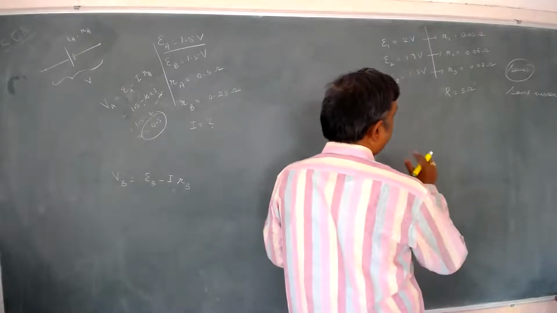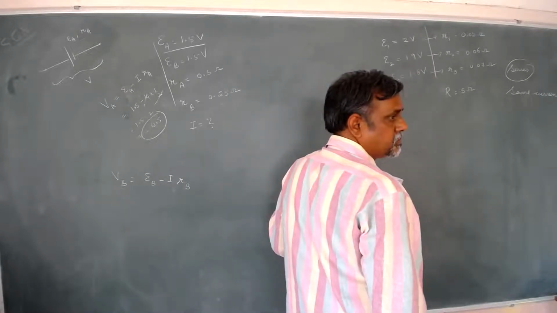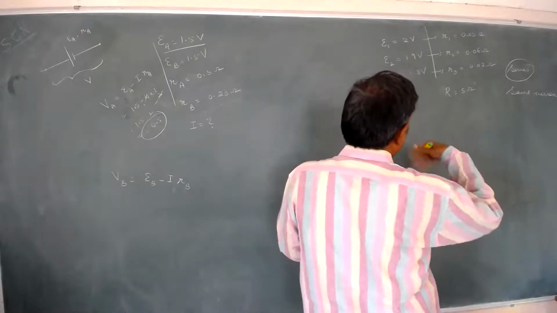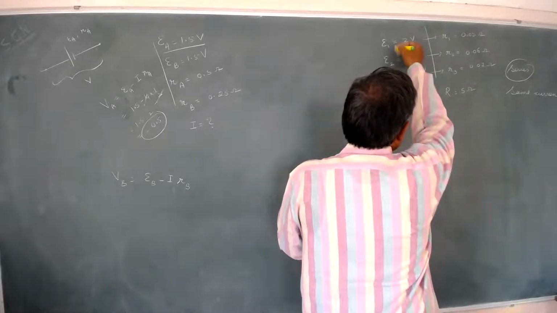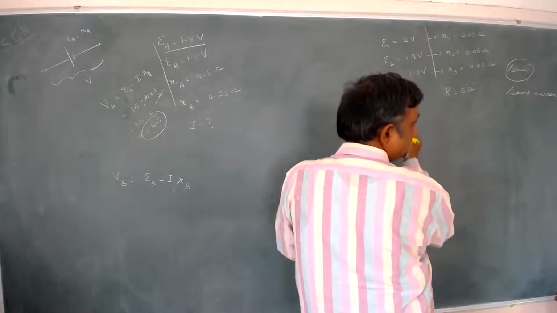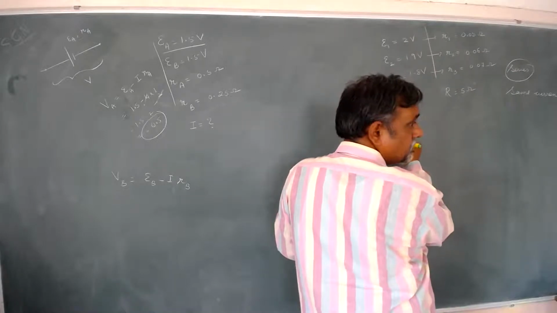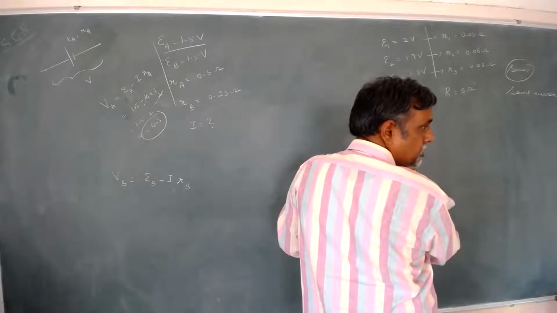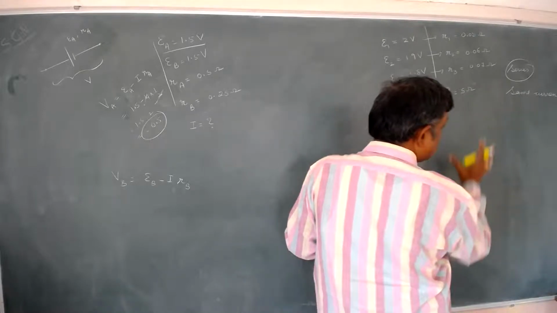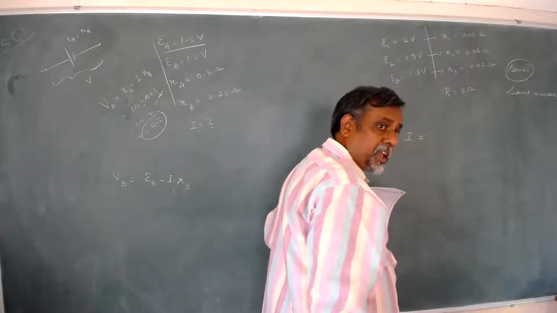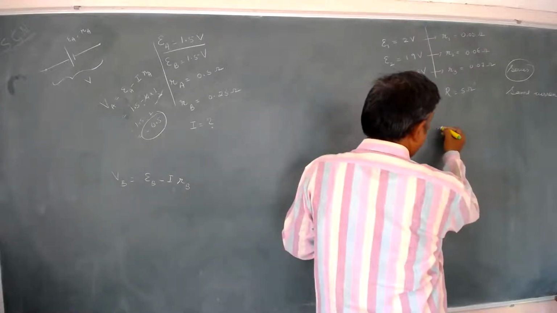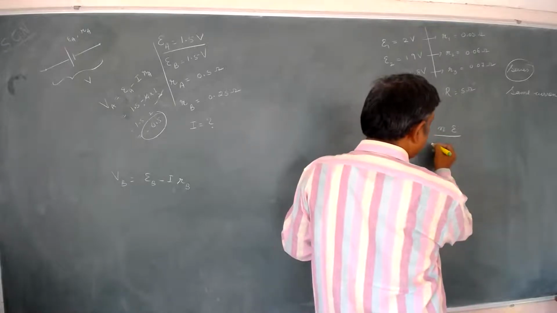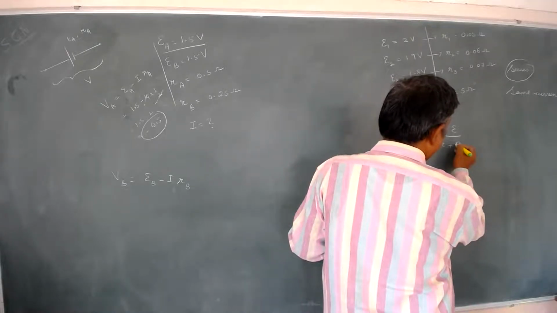So what is the formula? Current I is equal to, if equal electromotive forces are there, N into epsilon divided by series resistance, N into small r plus capital R in the series combination.